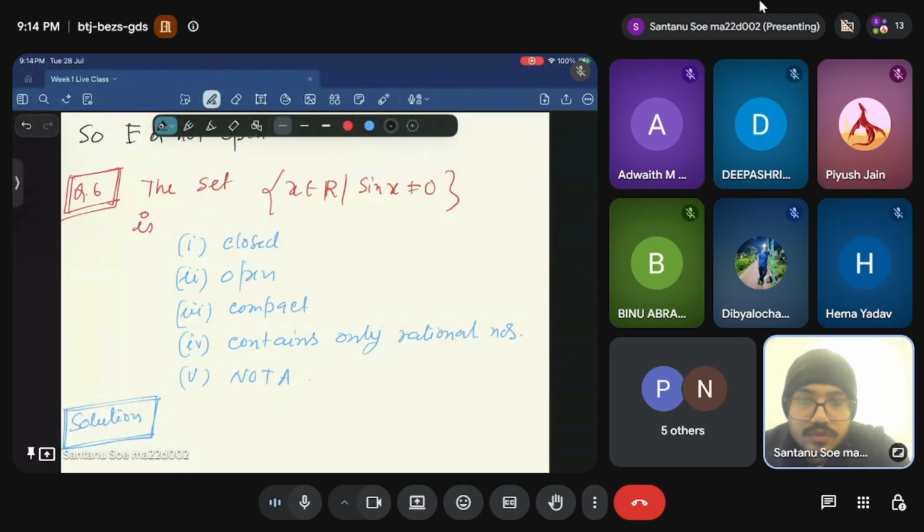Shall I move on to solving, or do you guys have any guess? Can you guys just guess? It can be wrong, that's okay. If, for example, you say that it is closed, then you can just tell me why you think it is closed. Then only I'll have an understanding of what you are thinking, right?